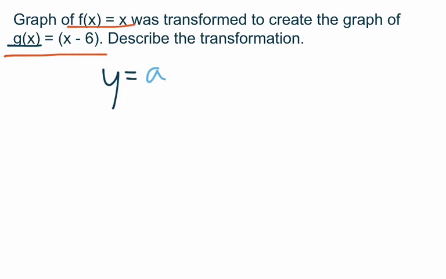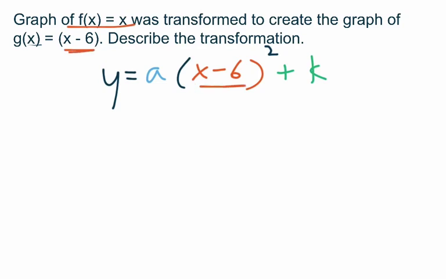Inside the parentheses is going to be this red value here, x minus 6, and remember we do it squared, and then at the end, we would just have a plus k. You're only getting part of the information here, which is good because we don't need it all. So basically, we're just getting this little section, and we're just describing the translation from here.